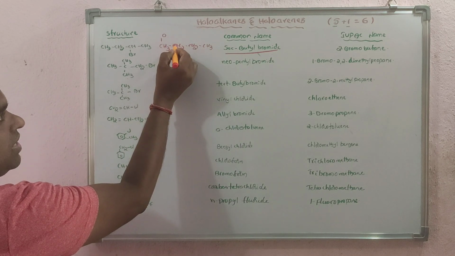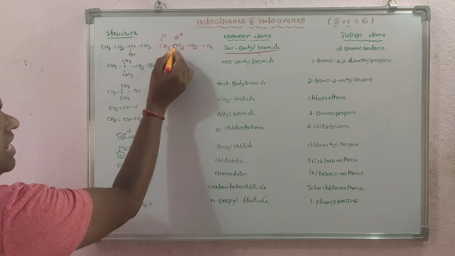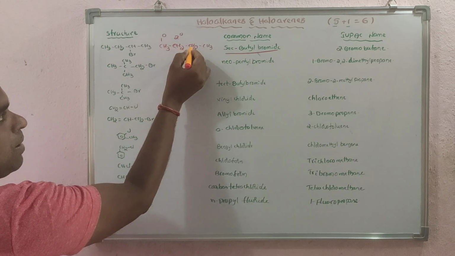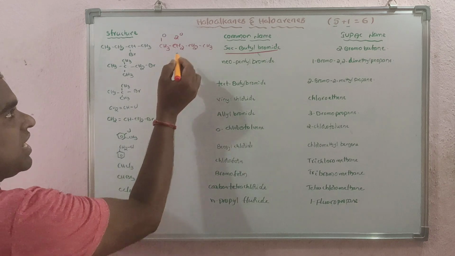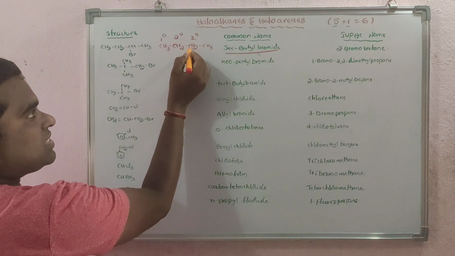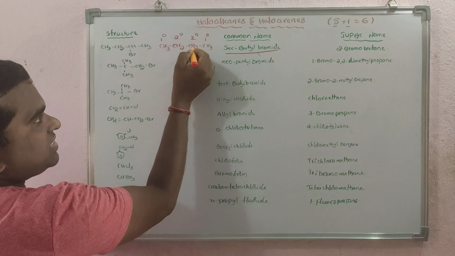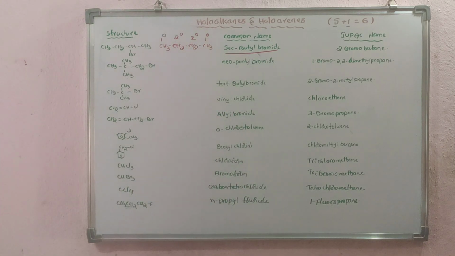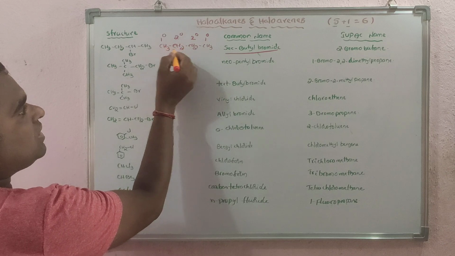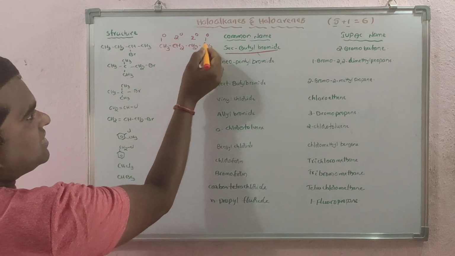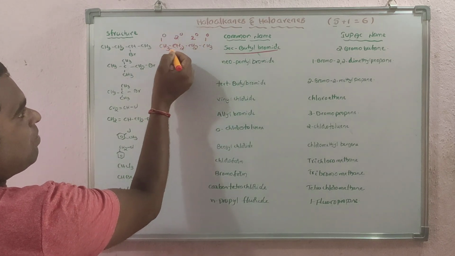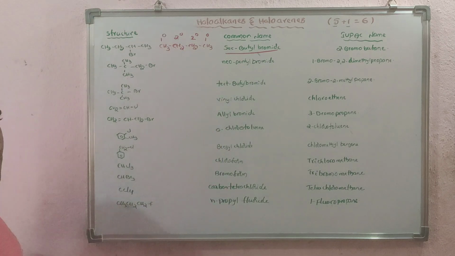And this carbon is secondary, because it is attached to two carbon atoms. This is also secondary, because it is also attached to two carbon atoms. But this is primary, because it is attached to only one carbon atom. So this compound contains two primary carbons and two secondary carbons.